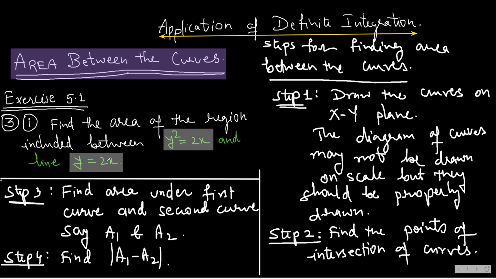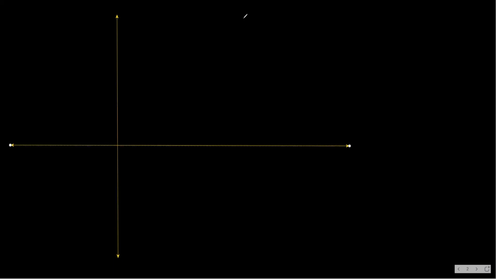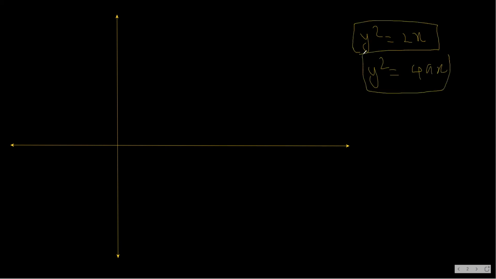So here in this question, the first step is I will draw the curve y square equals 2x and the line y equals 2x. Now, as you all know, y square equals 2x is in the form y square equals 4ax.